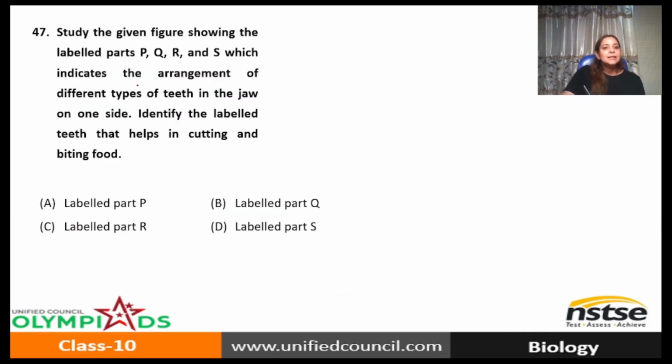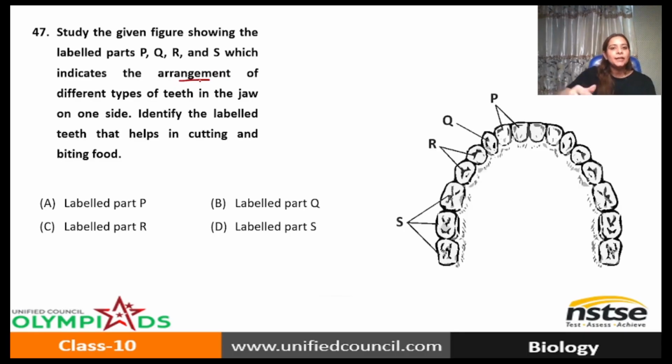Next question. Study the given figure showing the labeled parts P, Q, R and S, which indicate the arrangement of different types of teeth in a jaw on one side. Here the picture is given, and the different teeth are marked as per their structure, how they look, and what their function is in chewing food.